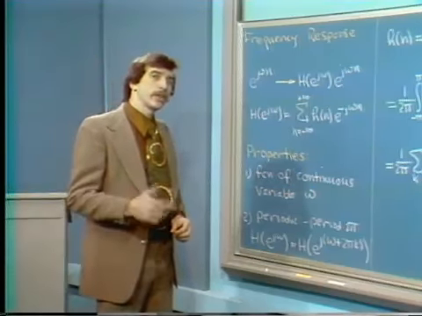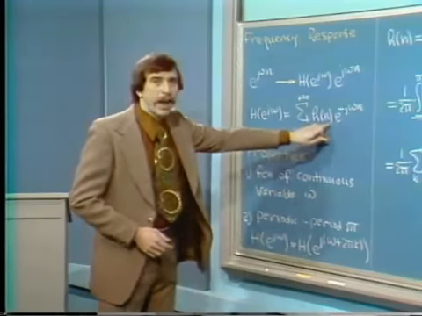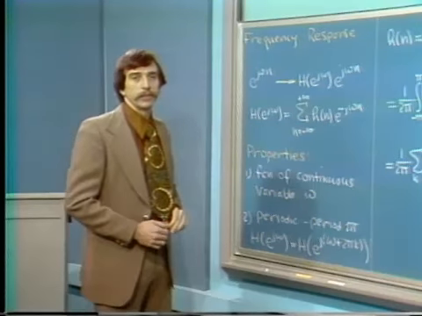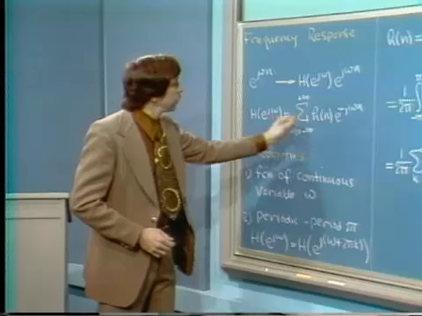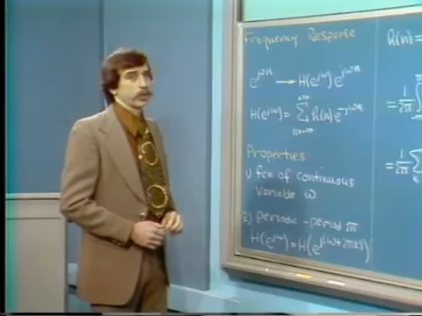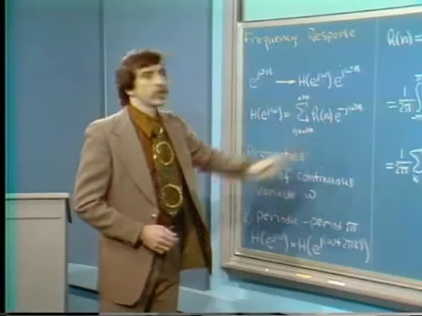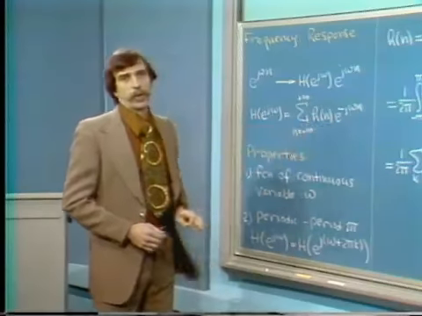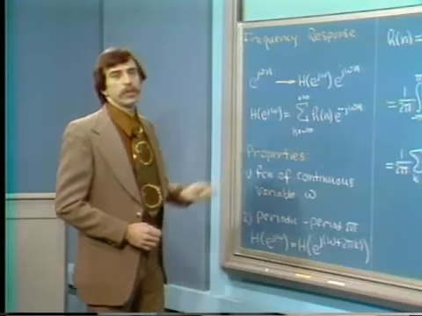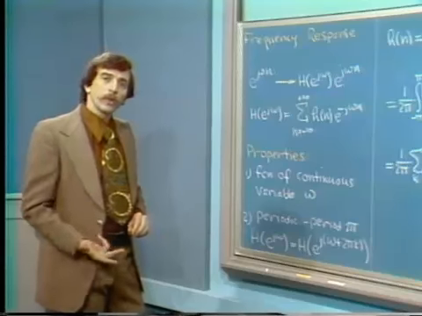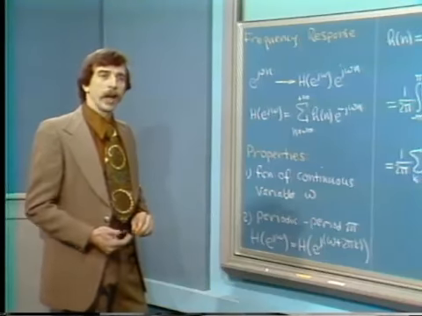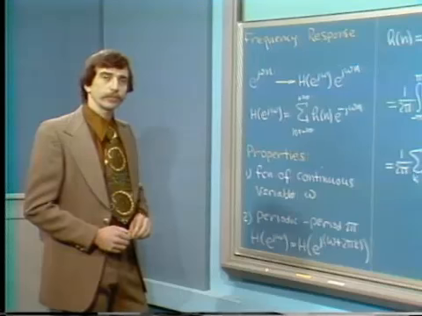The Fourier series coefficients are the values of the unit sample response, in other words, the values h of n. So, in fact, this has the form of a Fourier series. That means that these are the Fourier coefficients. That means that we can get these Fourier coefficients in terms of H of e to the j omega the way we always get Fourier series coefficients in terms of a periodic continuous function.